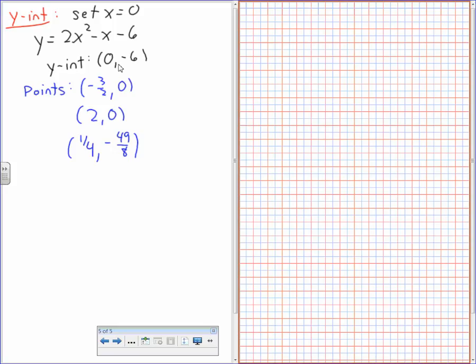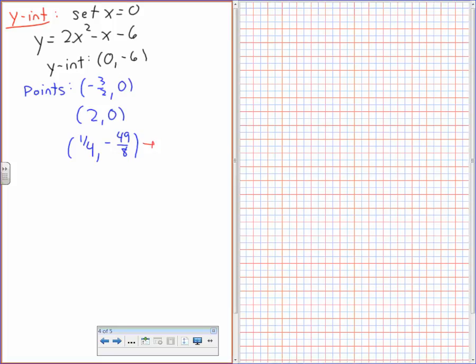If I had to pick one of those points to change to decimal, which one would make sense? This one here is a little bit messy, so I'm just going to estimate that's 0.25 and negative 6.125. Is that right? Somebody confirm that for me. Right, so it's going to be a little bit less than negative 6.